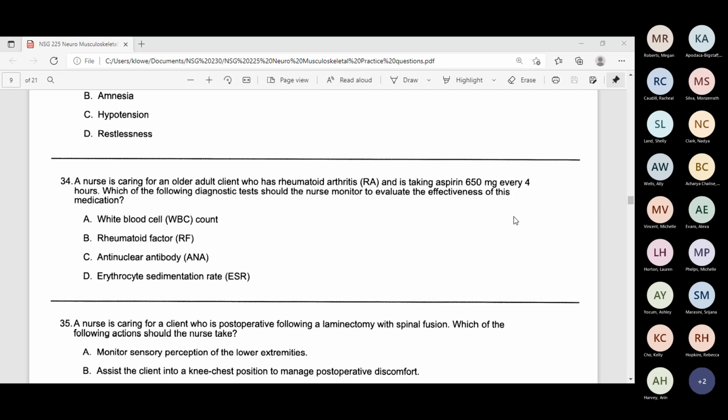So with rheumatoid arthritis, what we are giving aspirin for, if we think about the things aspirin does, it's an antipyretic, it's an anti-inflammatory, it's an analgesic, but we would be giving it to them to decrease inflammation. And ESR would be affected by that aspirin.